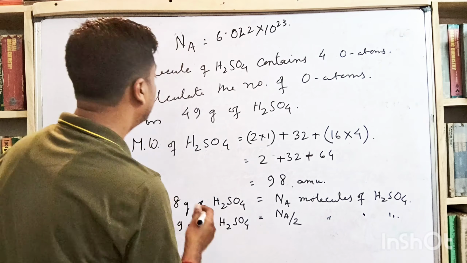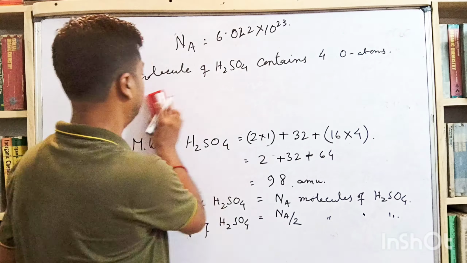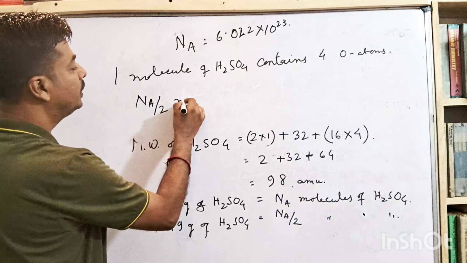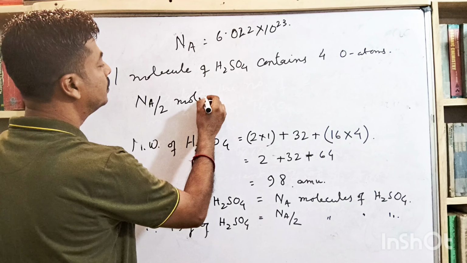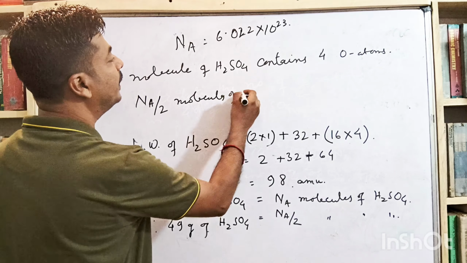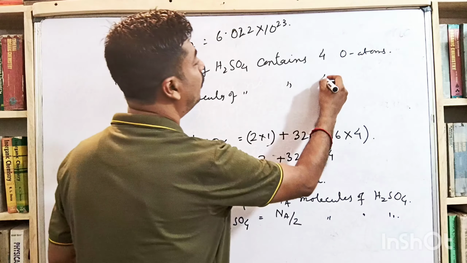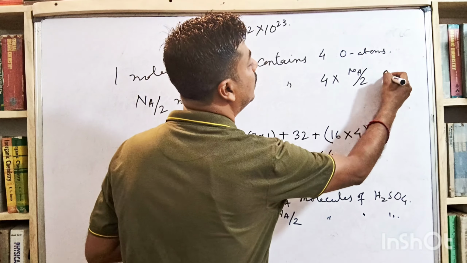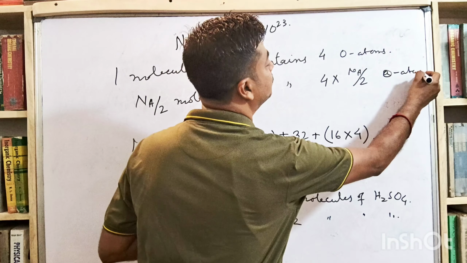Na by 2 molecules of H2SO4 contains 4 into Na by 2 oxygen atoms.